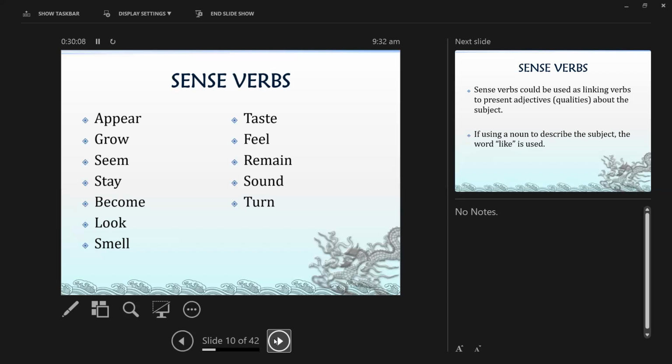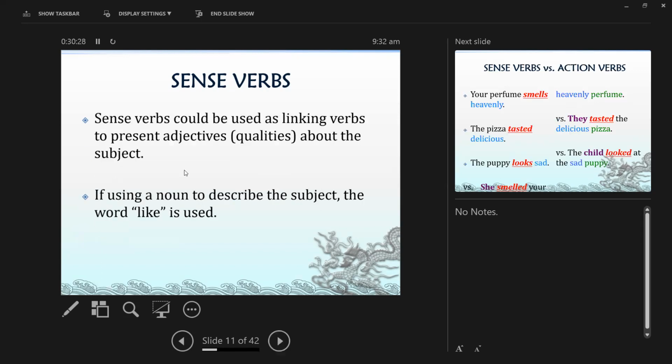Let's read one by one. Appear, grow, seem, stay, become, look, smell, taste, feel, remain, sound, and chirp. Sense verbs could be used as linking verbs.